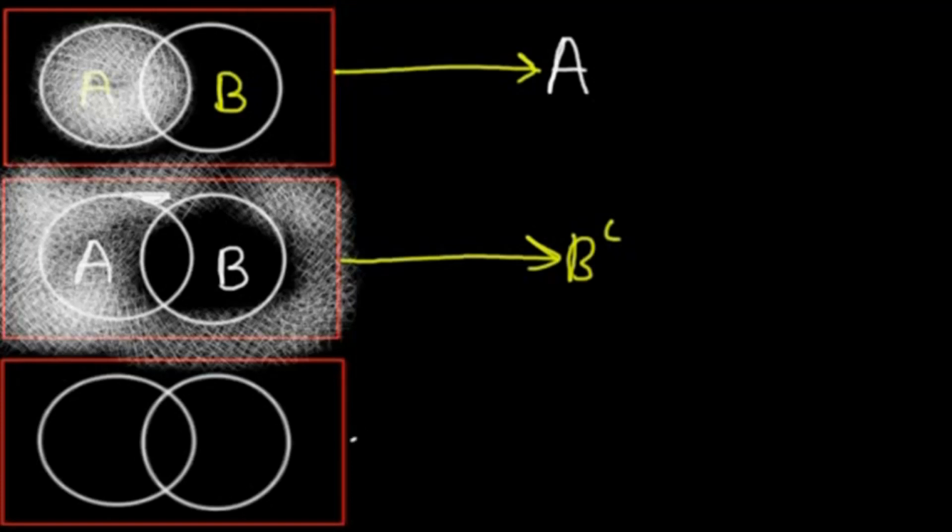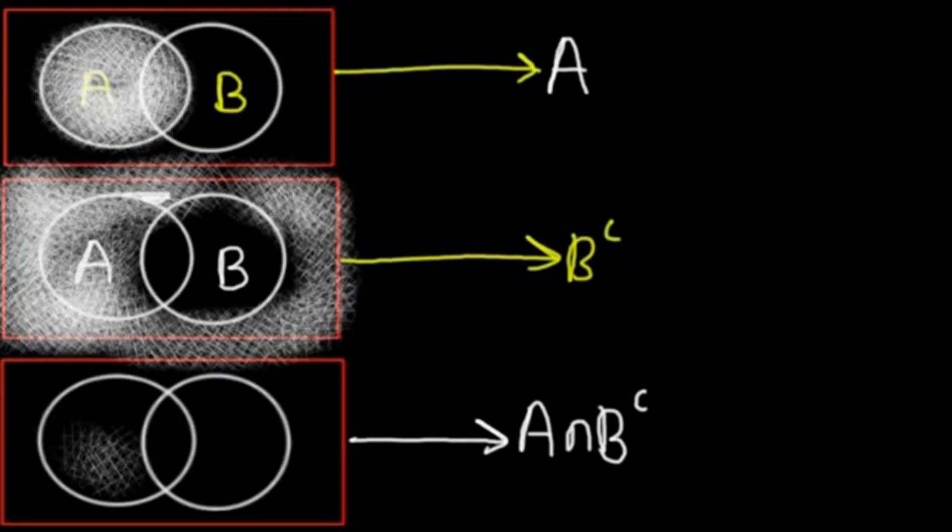In order to shade A intersection B complement, we need to figure out if there is a common area being shaded between both of them. It turns out that this little portion of set A is being shaded here, and at the same time it's being shaded here as well. So therefore, the area to be shaded for A intersection B complement is this particular area.